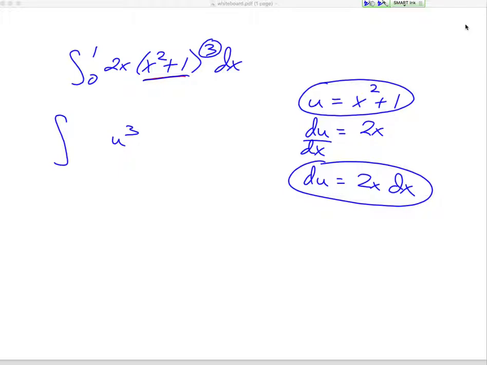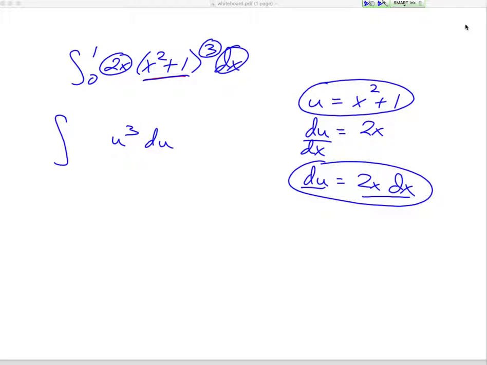That gives me u cubed. The other thing is 2x dx, which I'm going to replace with du. Here's the 2x, there's the dx. Those two come out, and I'm dealing with du.